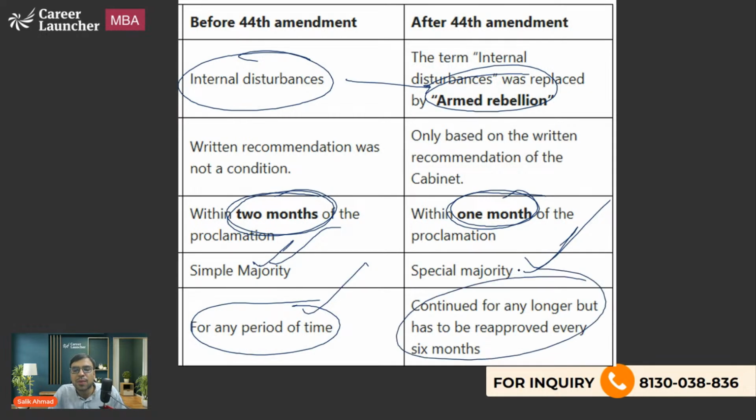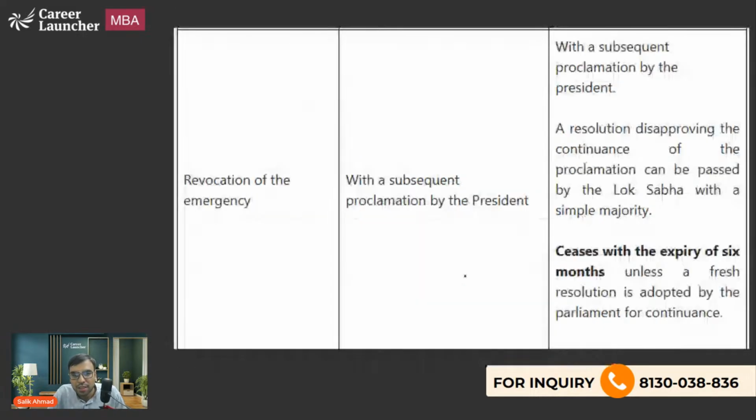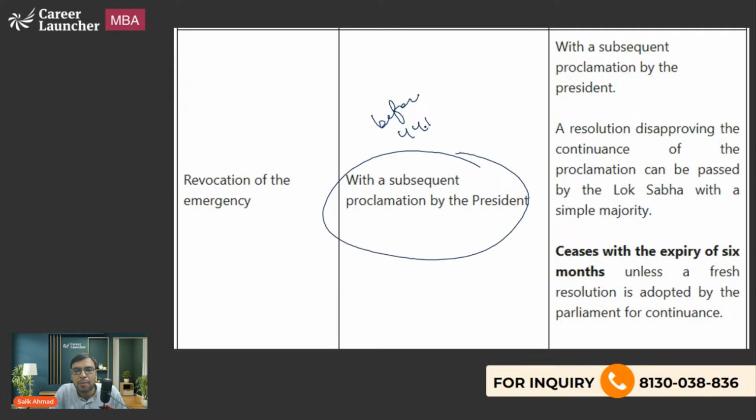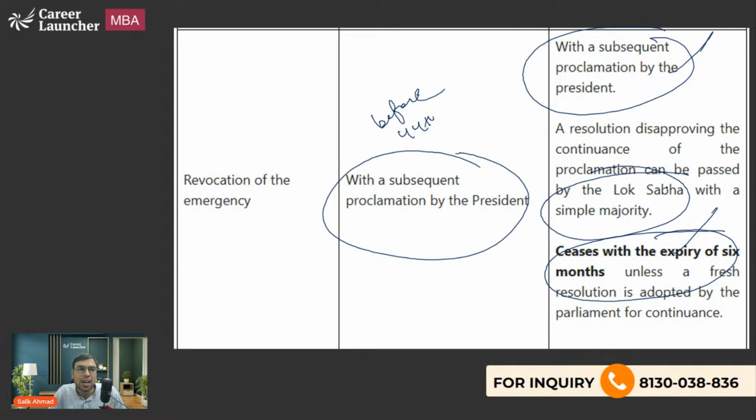But now it is for 6 months, and you have to keep on approving by the parliament again and again. Revocation was done by the president before the 44th Amendment. But now it can be done by the president, or by the Lok Sabha, or if after 6 months the parliament has not further approved it, then also it will stop.